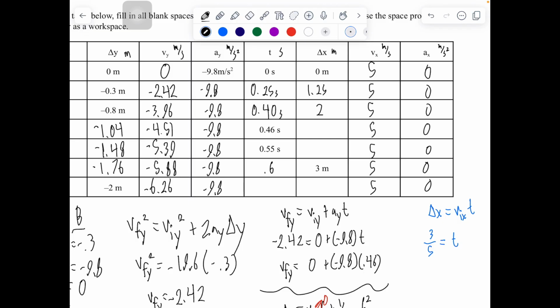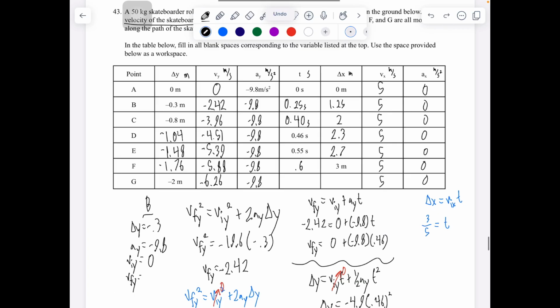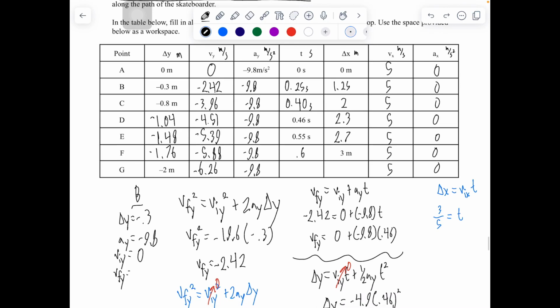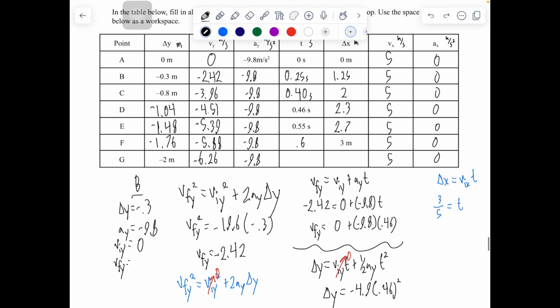This is 2. 0.46 times 5. 2.3. 0.55 times 5. This is 2.75. How do we get our last bits of information? Well, we're looking for time, we're looking for delta x. Let's find time first. We'll use time to solve for delta x.